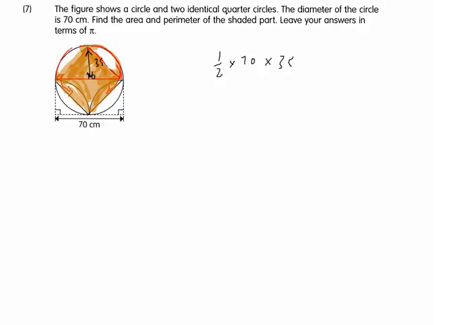But since you have two triangles, you multiply by 2. So it's actually 70 multiplied by 35. Does it give us the same answer as just now? Yes. 2000. 2000 what? So this is another 2000 what? Okay.